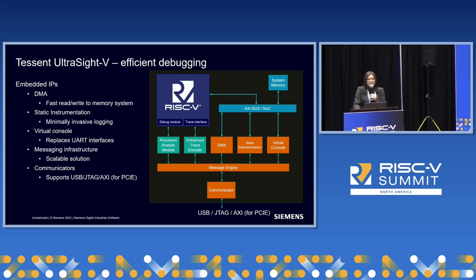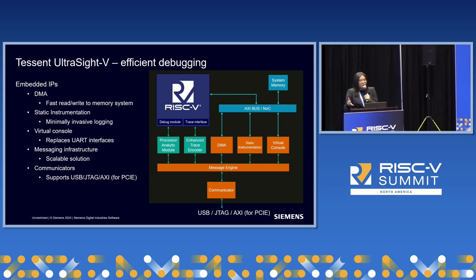We also have the DMA that provides the capability of fast code uploading, a static instrumentation module that provides a minimally invasive logging mechanism, and a virtual console module that replaces the UART interfaces, and it will provide you UART-like capabilities to interact with your embedded software.